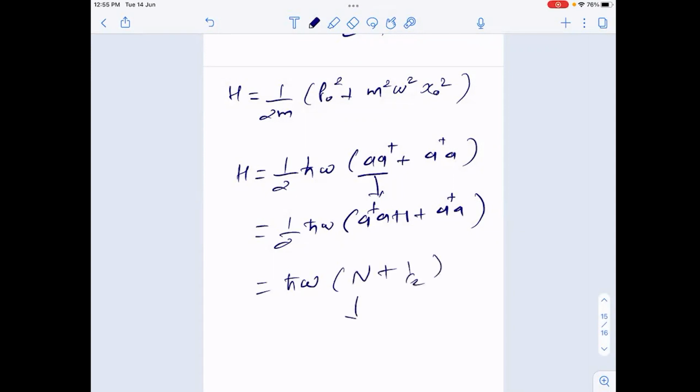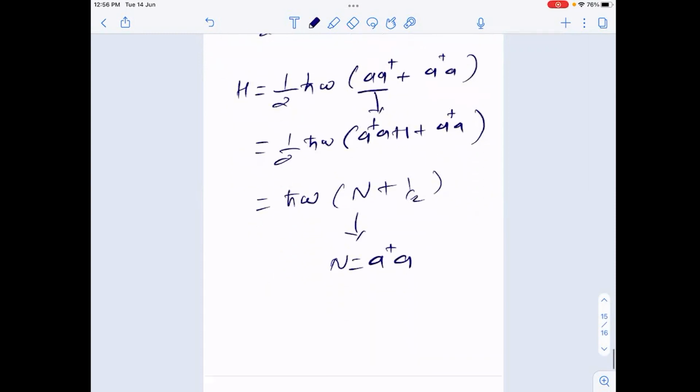So what I have done is that I am calling this n as A dagger A. Right? So you can verify that this n, or A dagger A itself, is a Hermitian operator. That means the n that I'm talking about, n dagger, is equal to n. Okay. See, there are so many minute things. It can take many lectures, but pardon me for being too fast and rushing to cover the aspects, right?